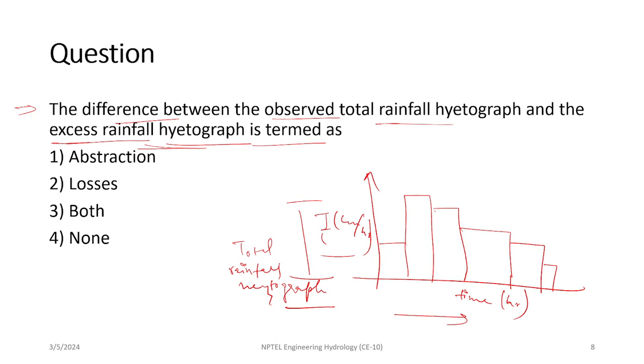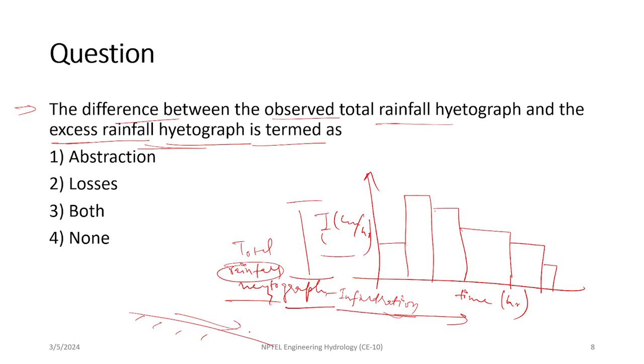One more thing is that excess rainfall will be achieved in any area when we subtract the infiltration from the total rainfall, that is, how much infiltration depth has occurred in that region. The remaining part will be draining over the land only.